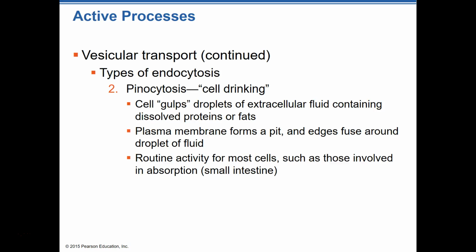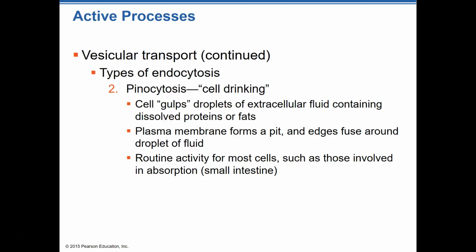Okay. And then there's pinocytosis, which is cellular drinking. It's where a cell can actually gulp droplets of extracellular fluid that have proteins or fats, that kind of thing. For whatever reason, that cell may be growing, maybe enlarging. It needs to take in some more of those fluids in order to do what it does.